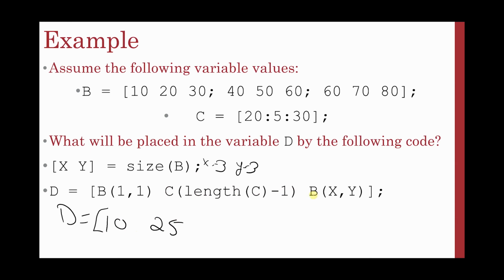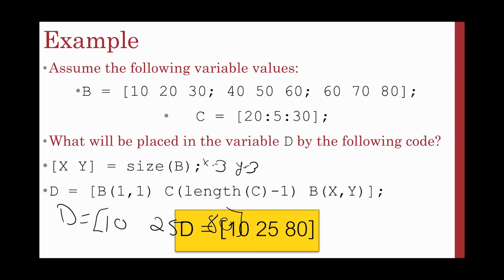And then it wants the value of b(x,y), which is (3,3). So I'm going to go to row 3, column 3, and it's 80. So I hit my button to display the answer to see if that was right. And it was. d contains 10, 25, 80.